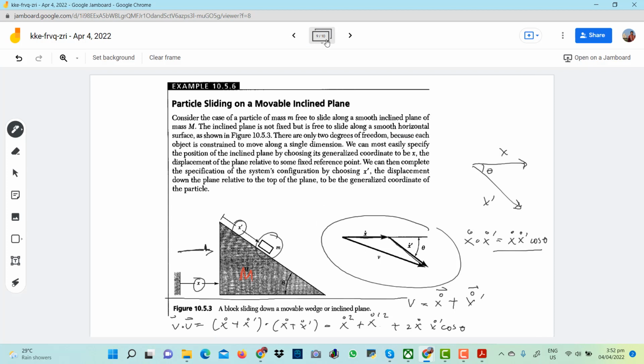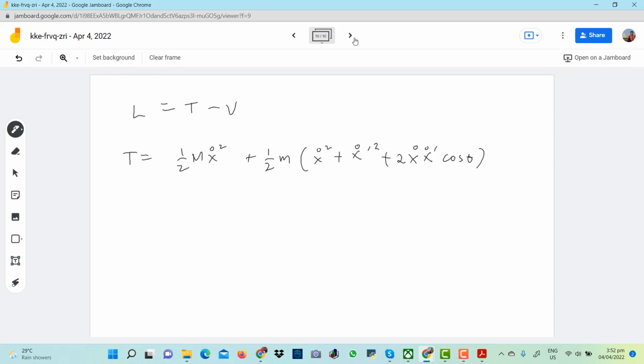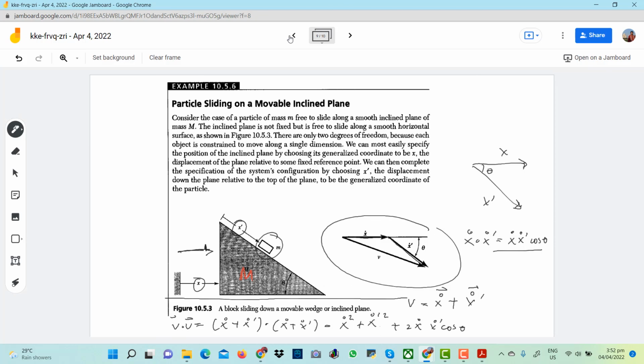While the potential energy is equal to minus m g x prime sine of theta. Because if this is the ground, then my inclined plane has potential energy equal to zero.